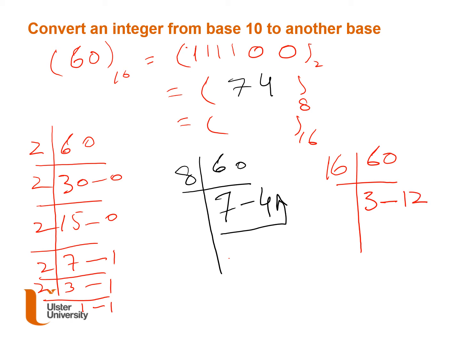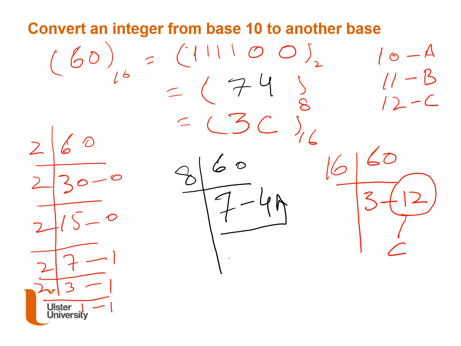So we know that in hexadecimal number system or base 16 number system, 10 is represented by A, 11 is represented by B, and 12 is represented by C. So this 12 gets replaced by C. So the conversion of 60 from base 10 to base 16 would be equal to 3C. And if we have 13, we get D, E, and F, that is 14 and 15.